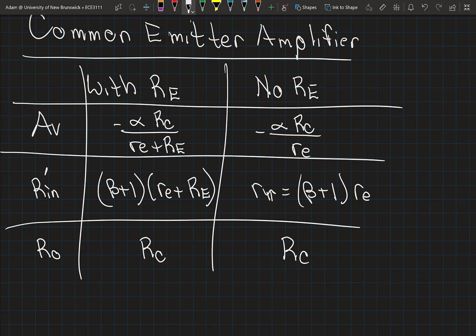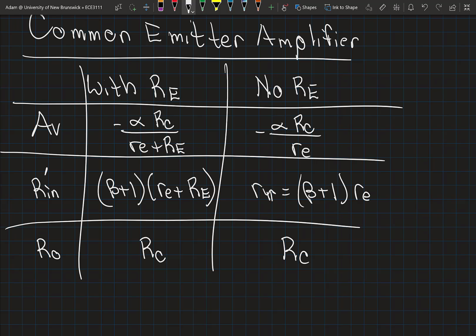So it's beta plus 1 times re. re is usually a fairly small value. We've talked about 25 ohms being a common value, but it is beta plus 1 times larger than that. So if we have a value of beta of 100, then we have a reasonable size input resistance. Our output resistance is a function of that collector resistor.